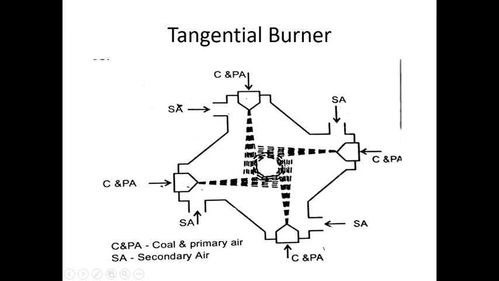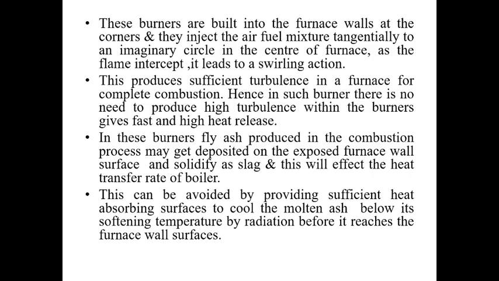The direction in which they supply the coal and primary air itself creates turbulence in the burner, so you can expect more efficient combustion, and secondary air is supplied from here for complete combustion. Most systems use this type of tangential burner, from which you may expect more efficient burning of the fuel. That is the main advantage.